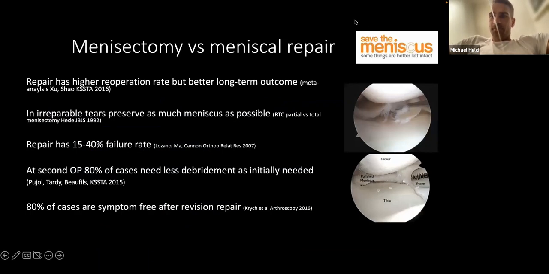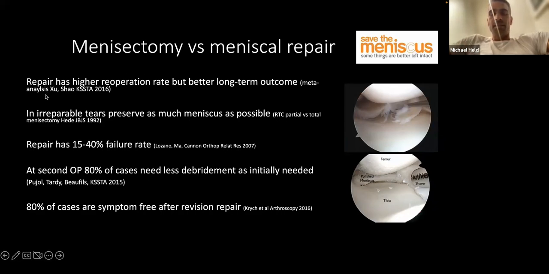So if you would have told me, okay, well, we have to debride this, then these are some of the studies that you can mention. We don't have to know this by heart, but just to say that a repair has a higher reoperation rate, because obviously it can fail, compared to a meniscectomy, but it's got a much better long-term outcome.